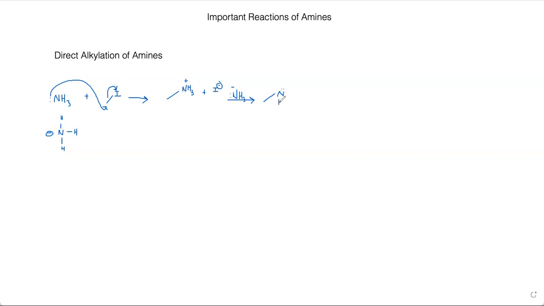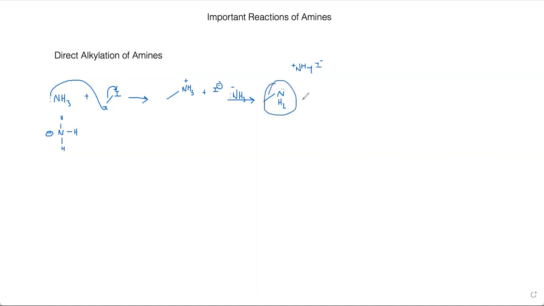I'm just going to draw it kind of sloppily like this for time purposes. That's a 2. So we have our methyl NH2. And then in solution, we're going to have NH4+ I minus. Okay, so this is our primary amine now.